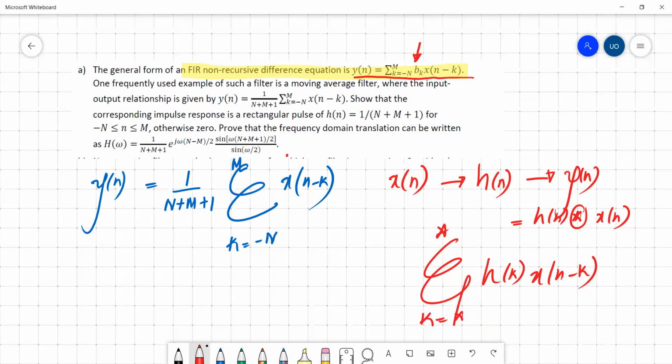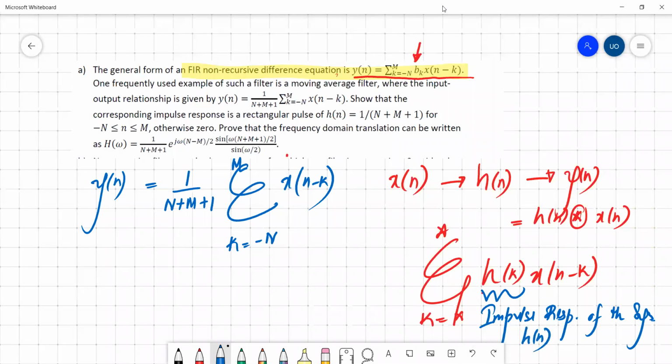Then if you refer to the original difference equation, for this case b_k is actually the impulse response h[n] of the system.